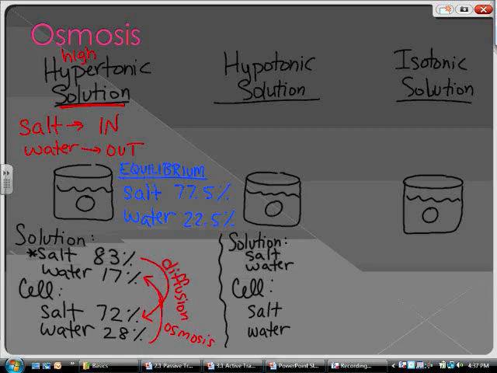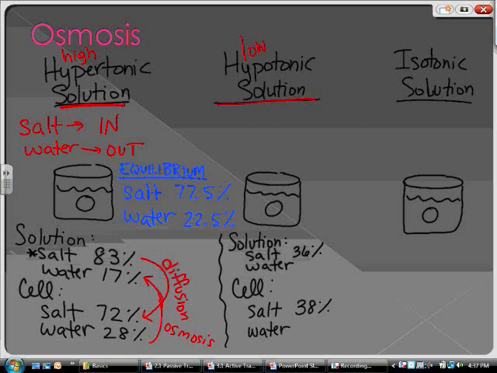Hypo implies low solution. That means that in the cell, the salt should be higher. So let's say the salt is 38%. That means the salt concentration in the solution should be lower than 38%. Let's say it's 36%. It's not a lot lower, but it's still lower.